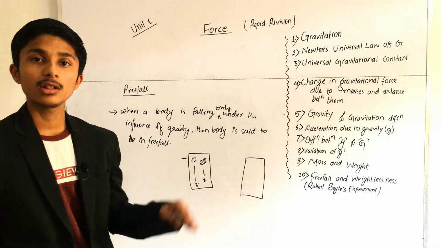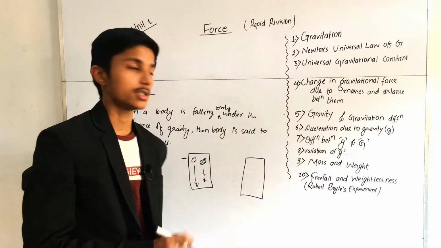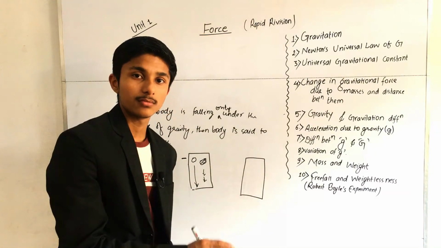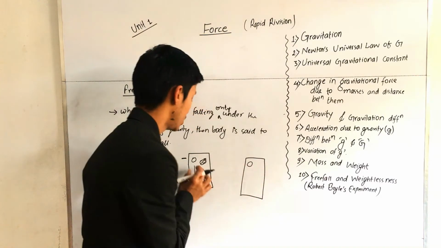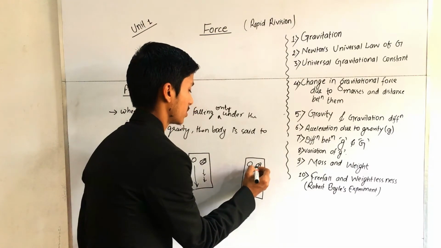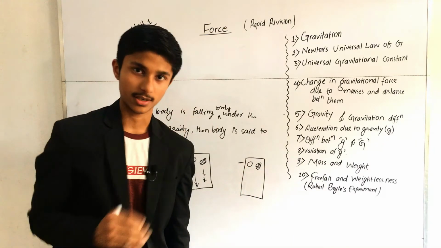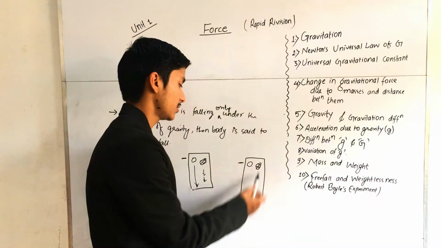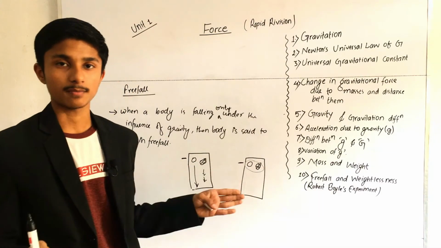Then in the next case, he ejected all the air from the jar. It means inside the jar there is a vacuum. In that condition, he performed the same experiment. He put the coin and feather at some height in the jar and dropped these two objects at the same time.